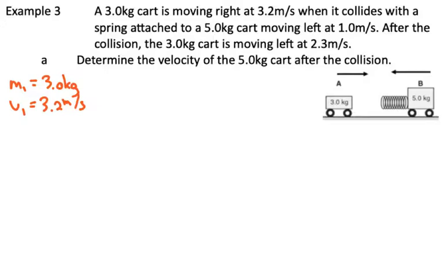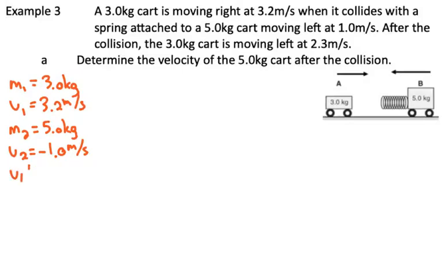If it collides with the spring attached to a 5 kg cart, that will be m2. Moving left at 1 meter per second, so v2 would be negative 1 meter per second. Now with this equation, we do not just have v prime, we have v1 prime and v2 prime because the objects are moving separately.